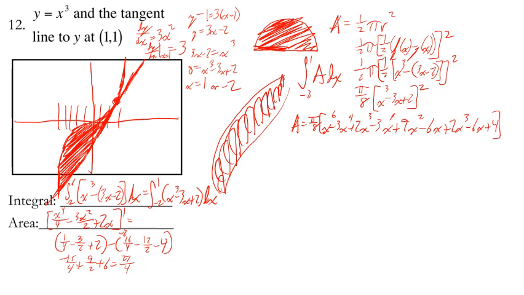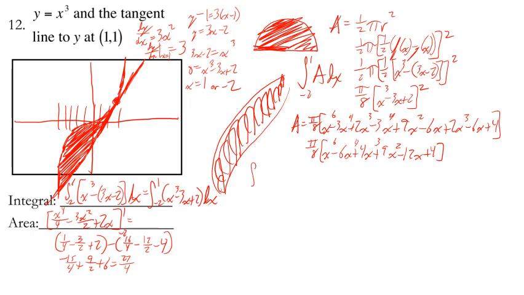Then you can combine, so that should be a 4 right there, sorry. So we've got pi over 8 times x to the 6th minus 6x to the 4th plus 4x to the 3rd plus 9x squared minus 12x plus 4.